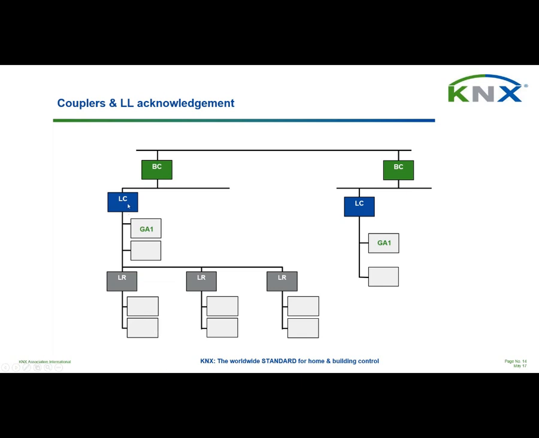Then this line coupler takes over the responsibility for the telegram and sends it to the backbone coupler. It's then the backbone coupler that will send the acknowledgement. From that moment onwards, this backbone coupler takes over the responsibility and sends it to the other backbone coupler.